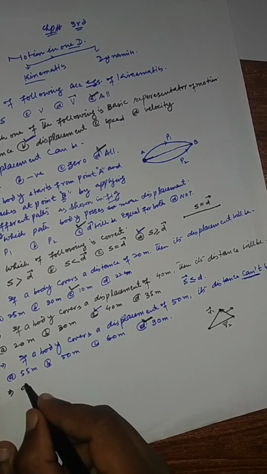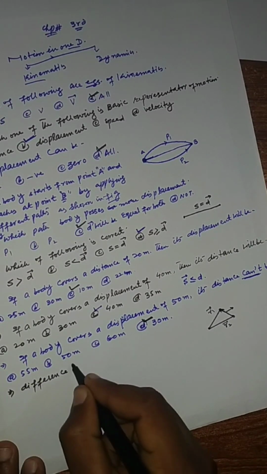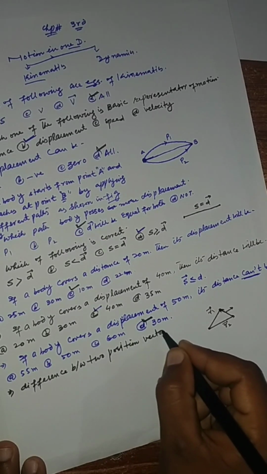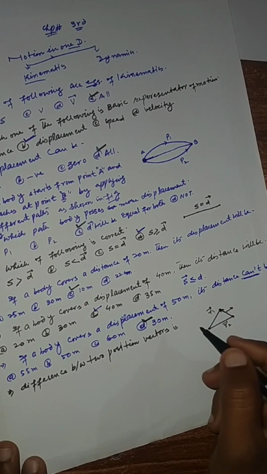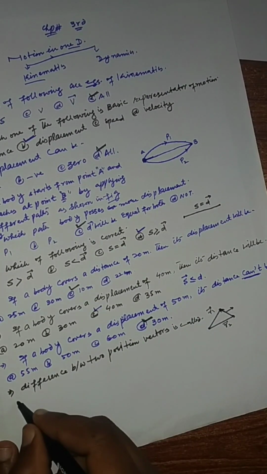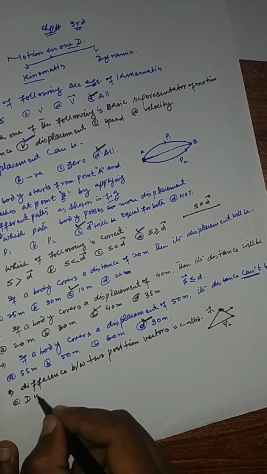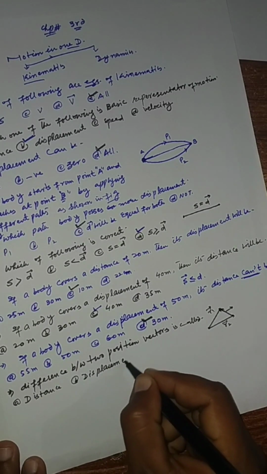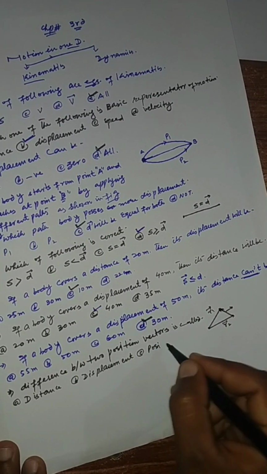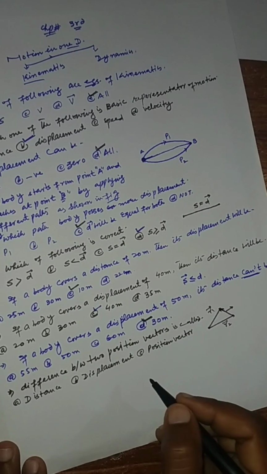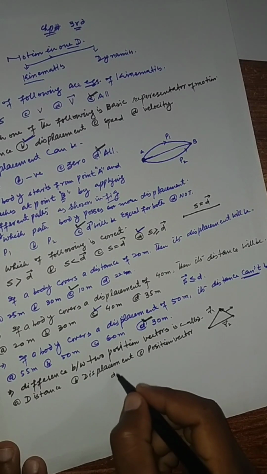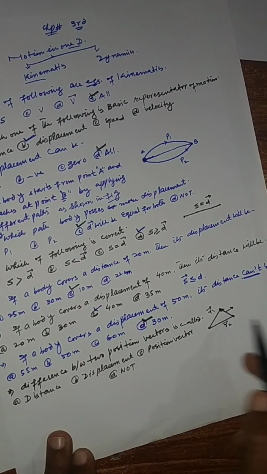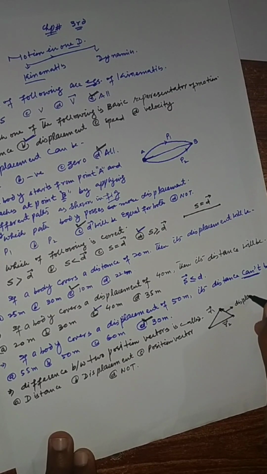The difference between two position vectors is called distance, or displacement, or position vector, or none of these. So the difference between two position vectors is called the displacement vector.